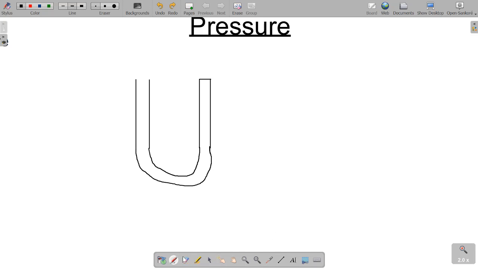So this is how manometers work. Manometers are basically a U-shaped tube.